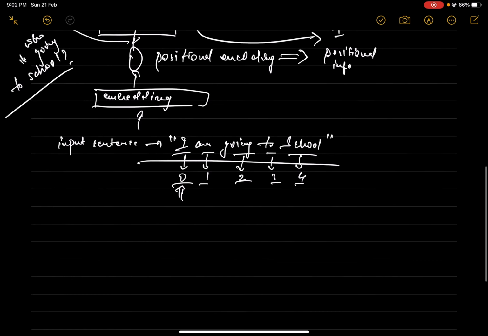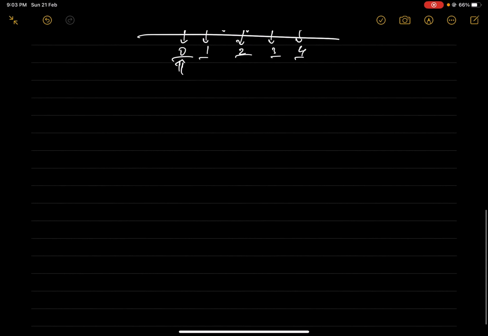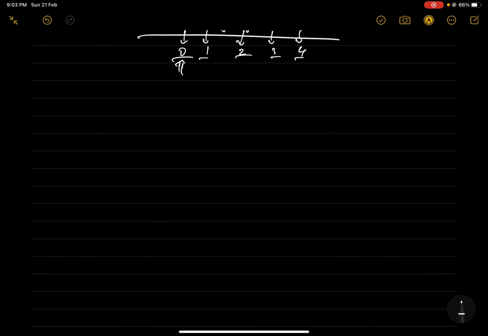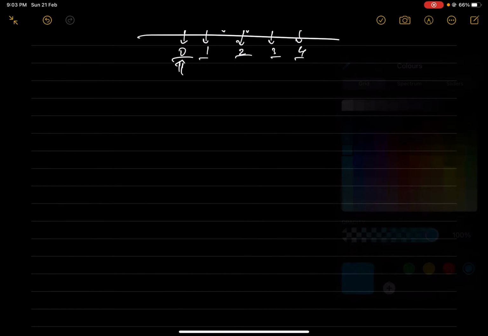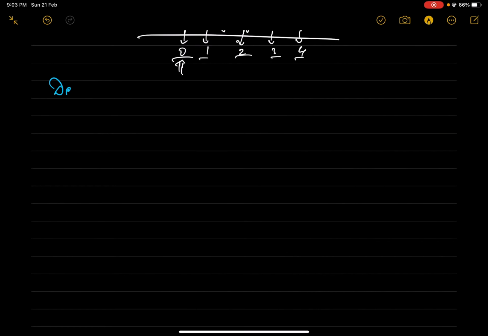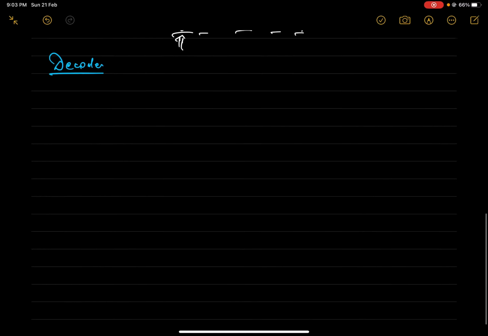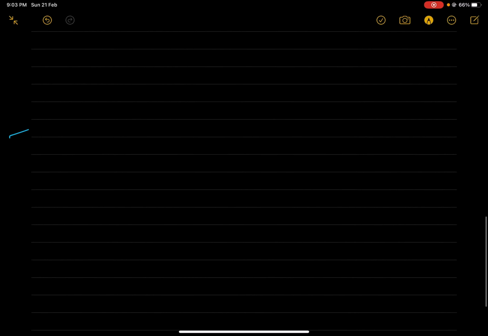Okay, so this is one encoder block. Now, what is a decoder? How does a decoder correlate between two different languages? What a decoder does is, again, let me start from the bottom.